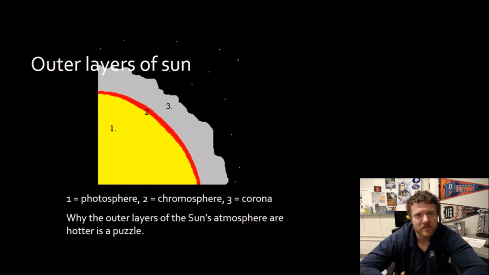And the final hypothesis of how it gets hotter as you move out actually has to do with sound waves. We know that the surface of the sun has a lot of moving material. Things are rising up, things are sinking down. If you've ever stood in front of a speaker as it is very loud, you can actually feel the sound waves. The sound causes the air as it travels to your body to compress and refract and compress.